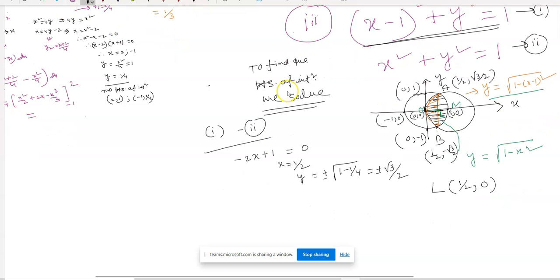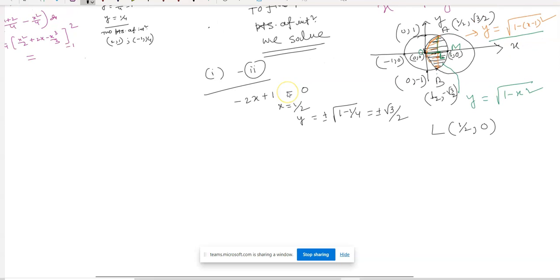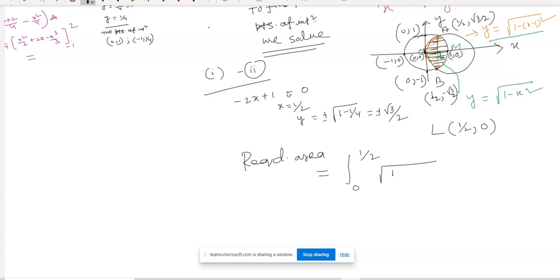Okay. So the required area is going to be equal to, L has coordinate (half, 0), you can see that, the integral from 0 to half of y dx, y means the second curve, plus the integral from half to 1 of y dx of the first curve.